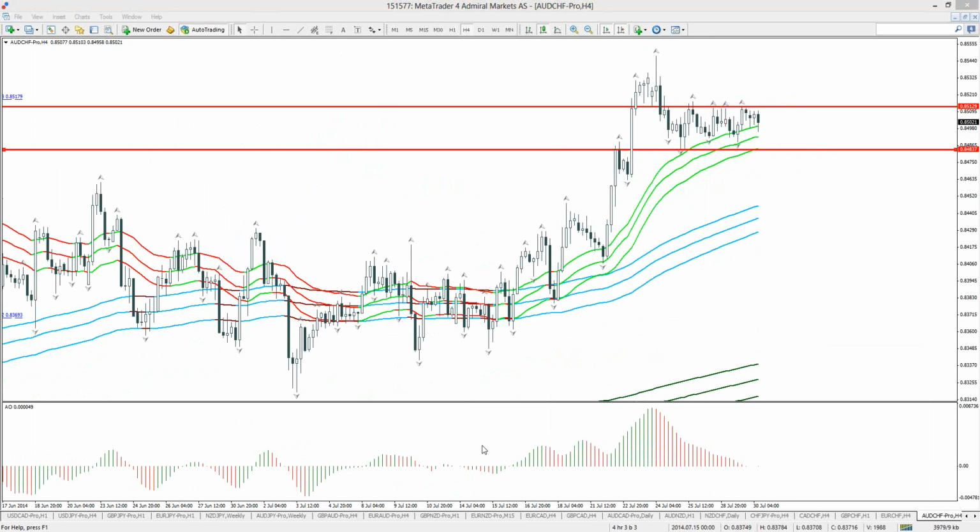So 4-hour looks good, in fact. No divergence indeed. Strong AO. Those are factors that maybe say, okay, let's give it a bit more time. But this is the fifth 4-hour candle, so that might be the last one you want to give it.